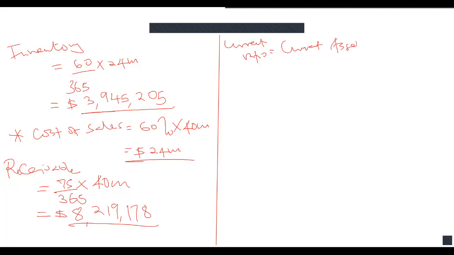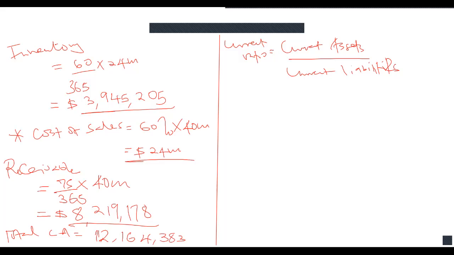You get how much? 12 million, 164,000, and then 383. That is the total current assets of the company.